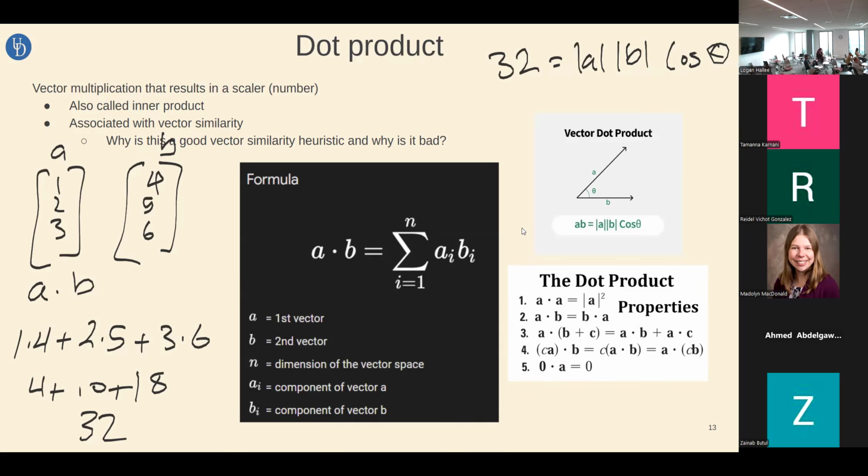So in there is some sort of geometric measurement of what angle this vector is at. And then of course, you get the cosine if you divide by the magnitudes of A and B.